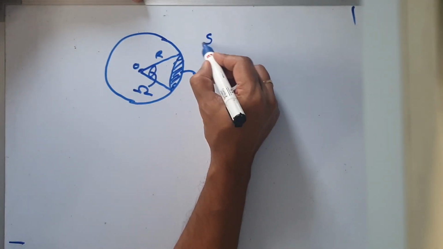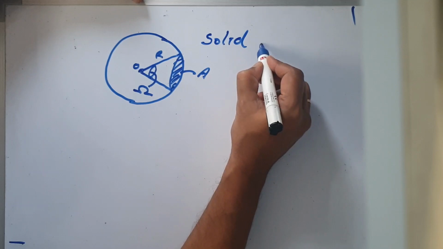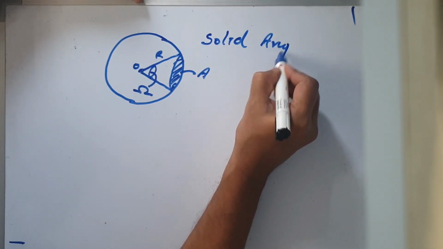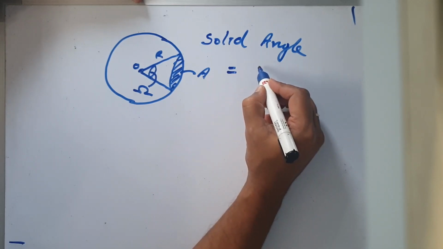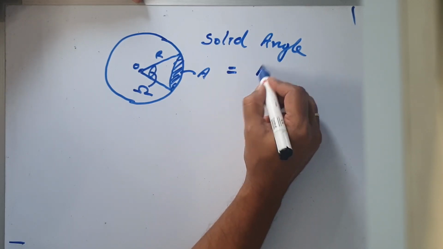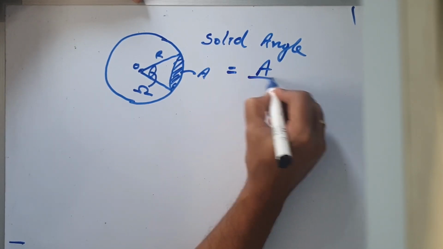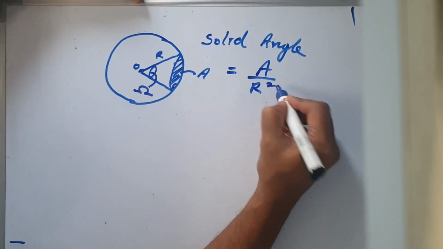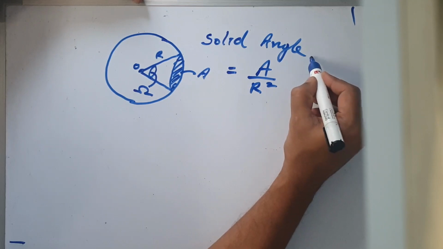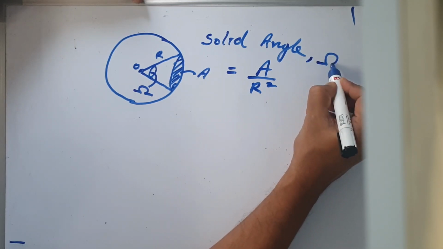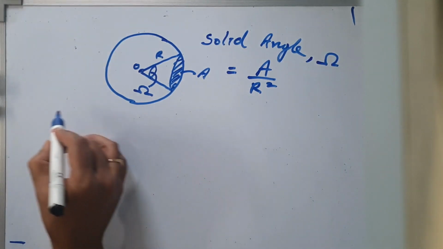This solid angle is equal to the area A upon R squared. Solid angle symbol is omega. So what do you have?